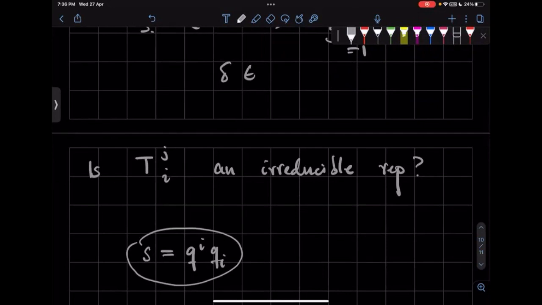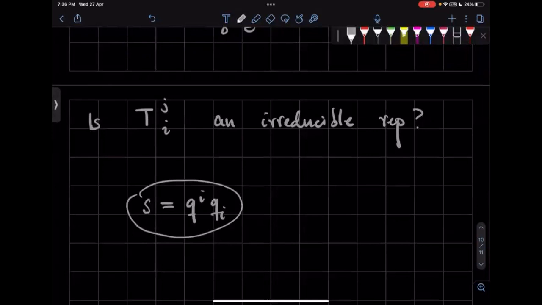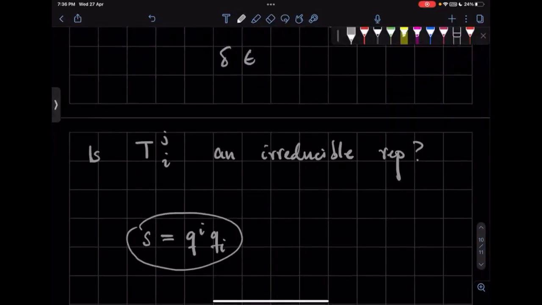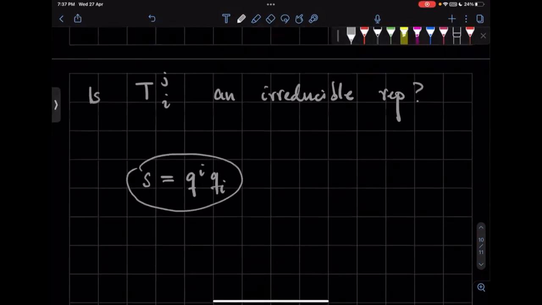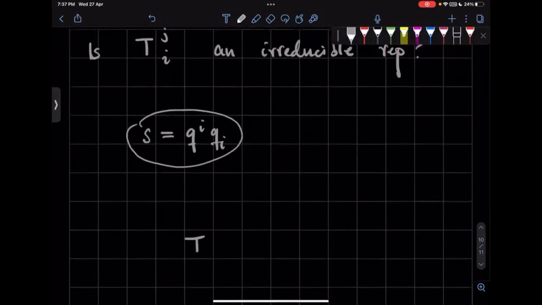Could you use two deltas to contract the indices? Why two? Like one for each of them, I guess. I'm not sure if that's how it works, but that was my idea. Okay, let's see. You said let's use two deltas.